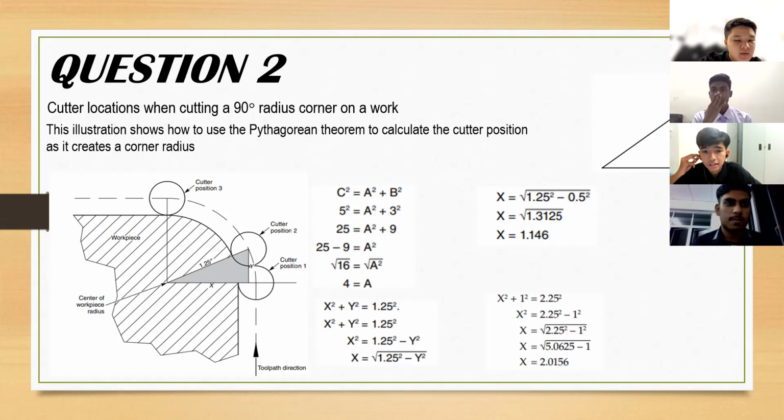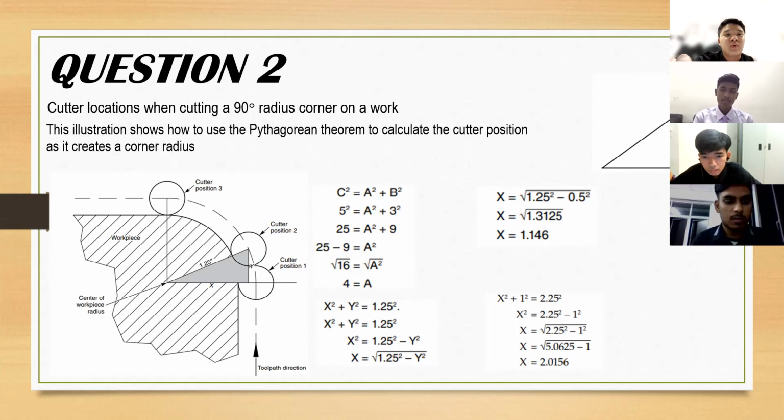For another way, I want to discuss how to solve the question. The distance from the center of the workpiece radius to the cutter position is 1.25, which is the workpiece radius plus the cutter radius. Therefore, the formula to find the x dimension is as follows. You can see x squared plus y squared is 1.25 squared.